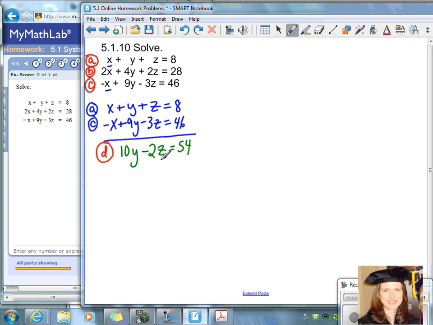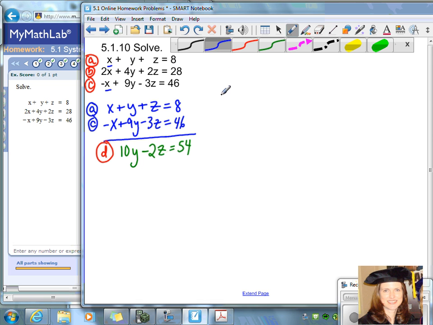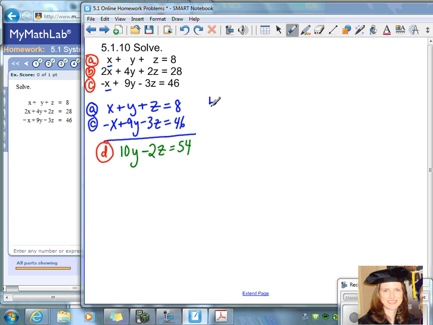Now I want to take equation B. We haven't used equation B yet. I'm going to combine it with either equation A or C. I'm going to do it with equation C, but I still want to get opposite x terms. So I'm going to take equation B and combine it with 2 times equation C. Let's do that here.